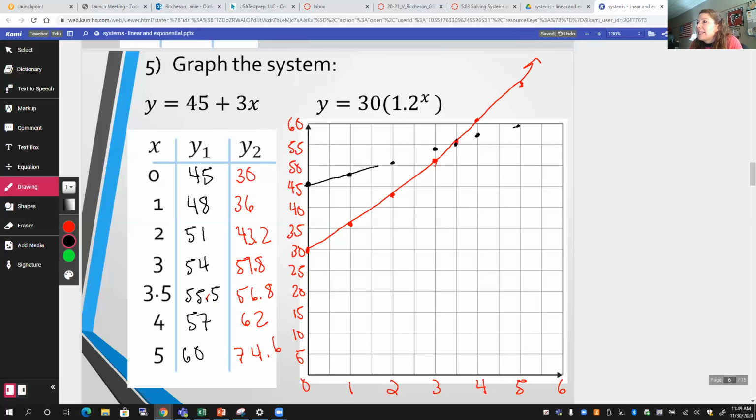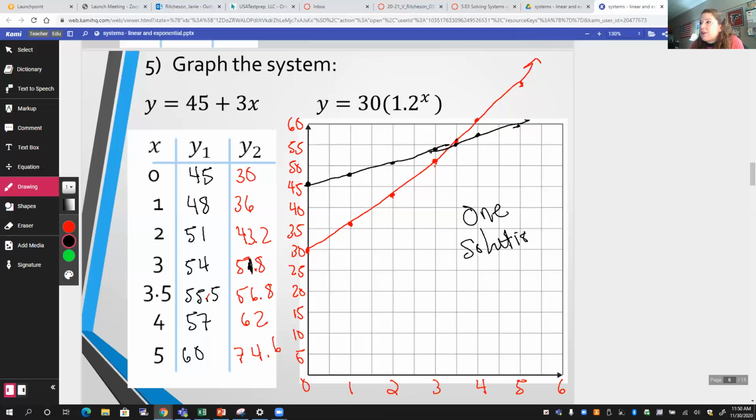But anyway, the reason I did 3.5 is because they were really close to touching around 3.5, but they don't exactly touch. We know that at 3, this quantity is less than this one, right? But at 3.5, this quantity is a little bit more than this. So where do they cross? They cross somewhere between 3 and 3.5. So we could try 3.1, 3.2, 3.3, 3.4, but we would be really close. So there is one solution.